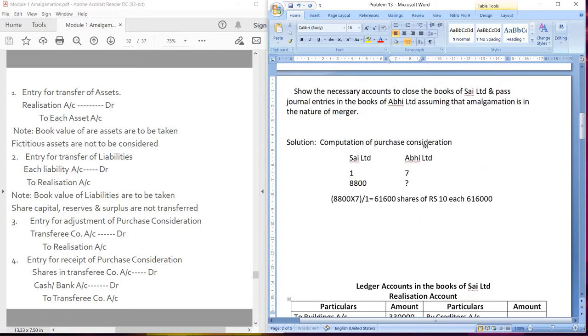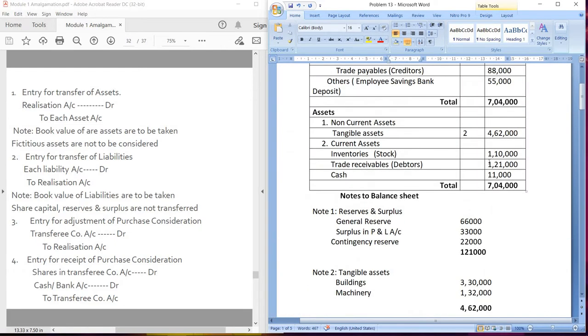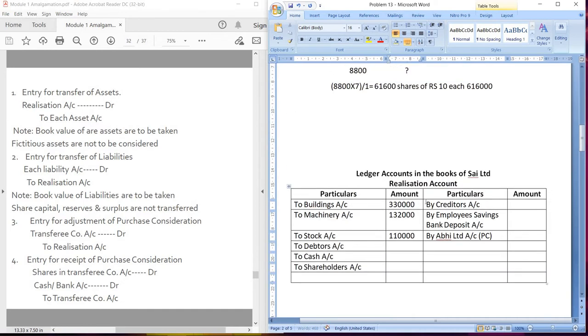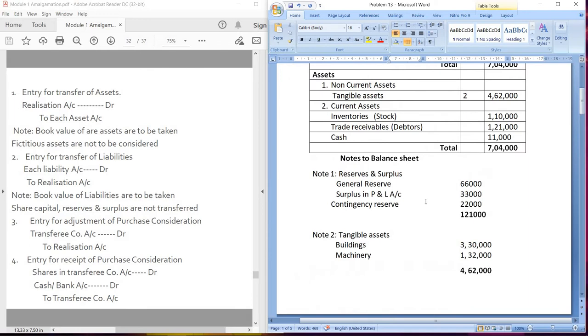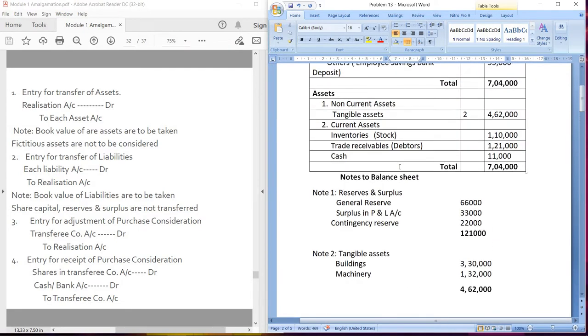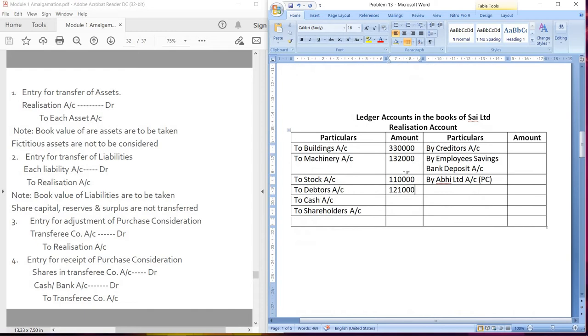To stock account 1,10,000. Next, to debtors account 1,21,000. And then to cash account 11,000. Okay, so only the first entry is done.